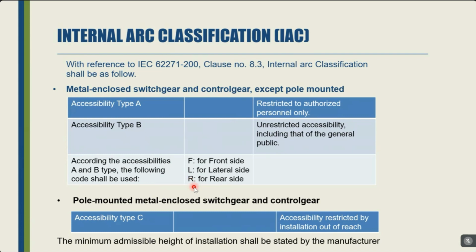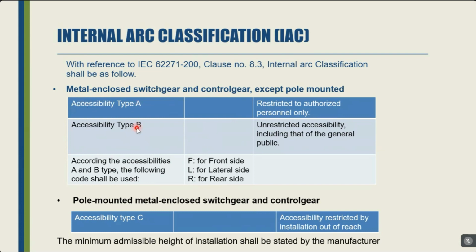Now someone can argue, why not from the top? Usually the HT panels have a height greater than the standard human operating height, so no person will intentionally jump onto the top of the switchgear to access it. Usually it will be from the front, side or rear. So that's why F, L and R.